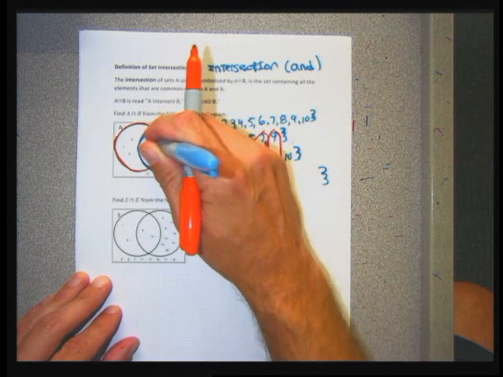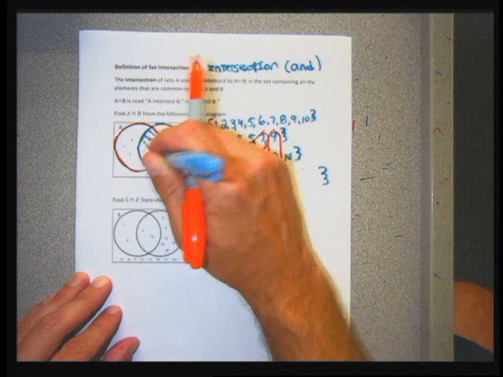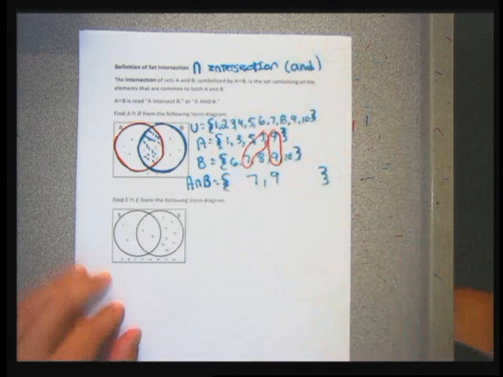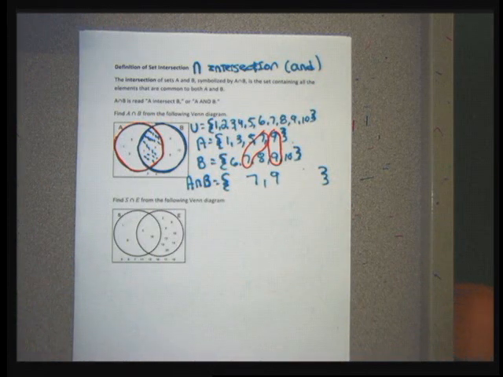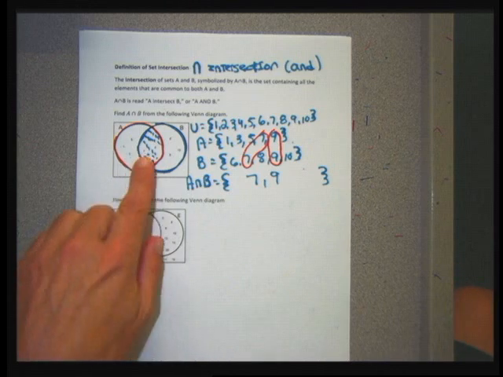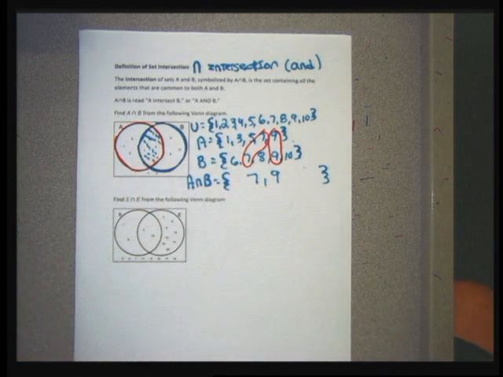The A and the B circle exist simultaneously in this middle region right here. That region, where the two circles intersect, is the region A intersect B. So intersecting is where graphs overlap. The graph of A and the graph of B overlap, and inside the overlapping are the numbers 7 and 9.